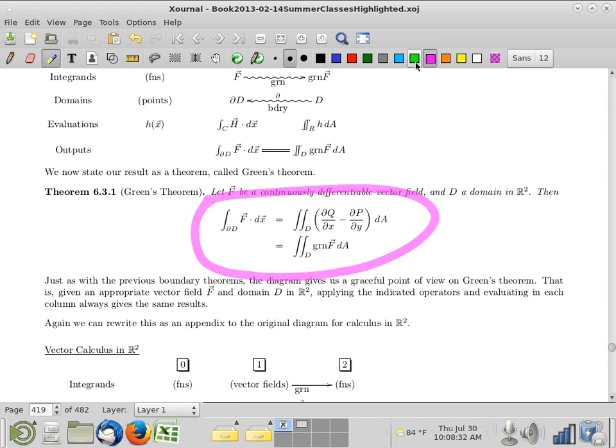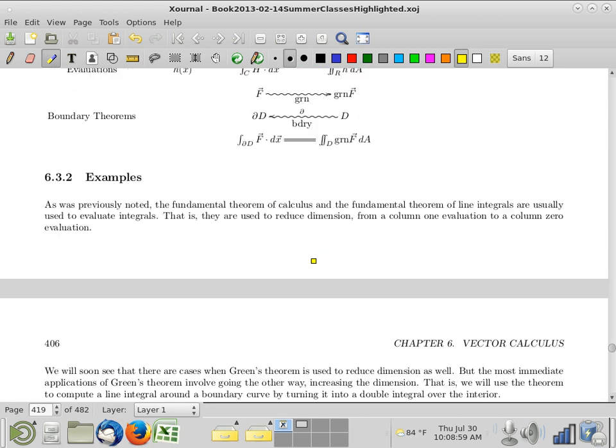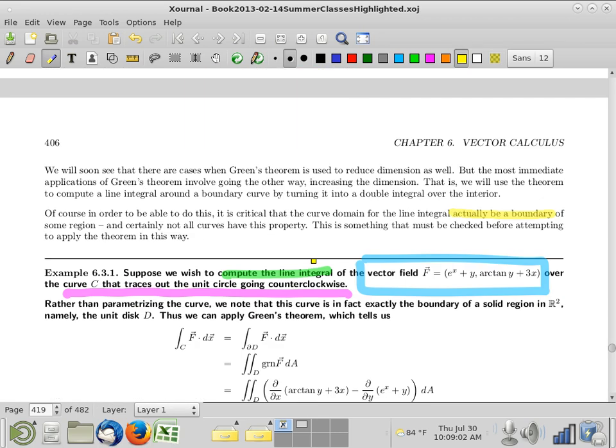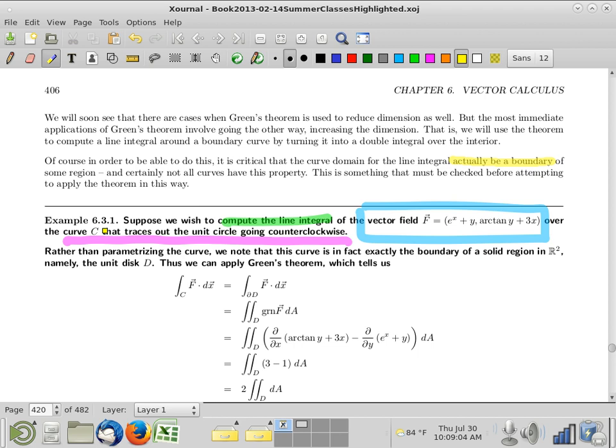If you're interested in computing a line integral and you want to use Green's theorem, your domain has to be a boundary of a two-dimensional region. And this is the catch for applying Green's theorem. Green's theorem helps you compute a line integral, but only if that curve is a boundary of a two-dimensional region. So we have to ask that question here: is this curve a boundary of a two-dimensional region?